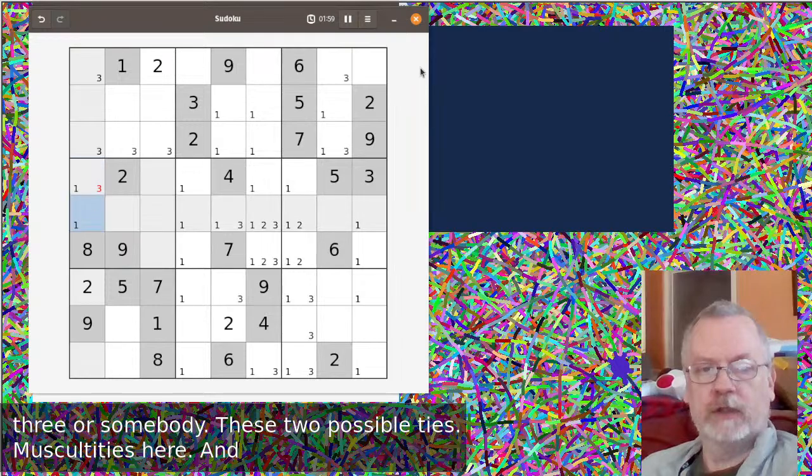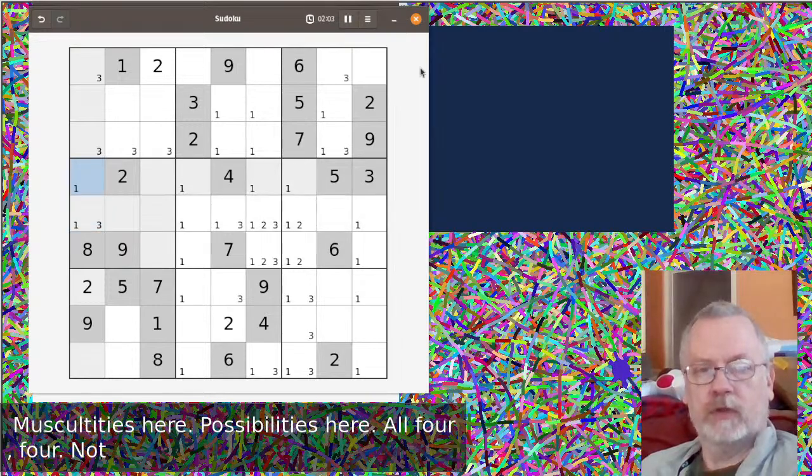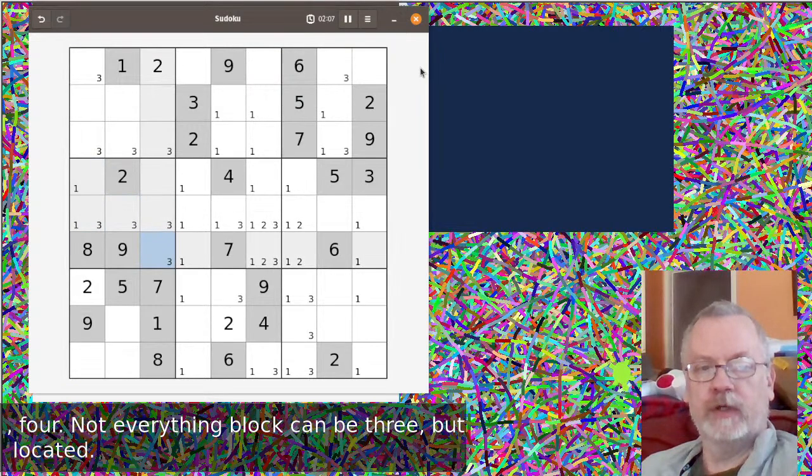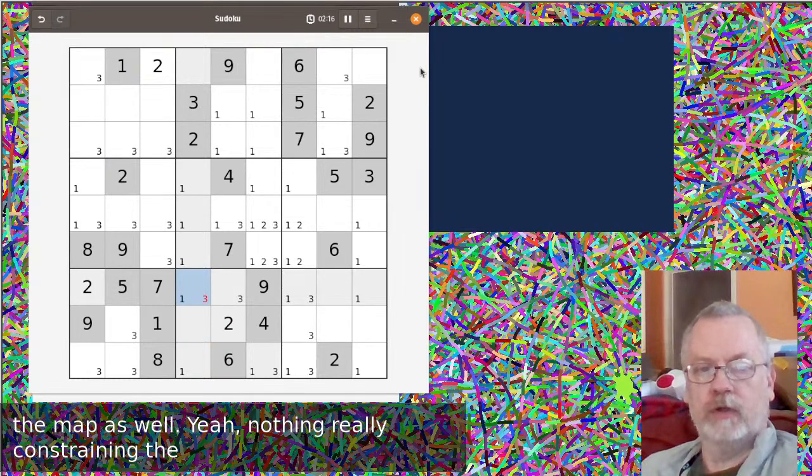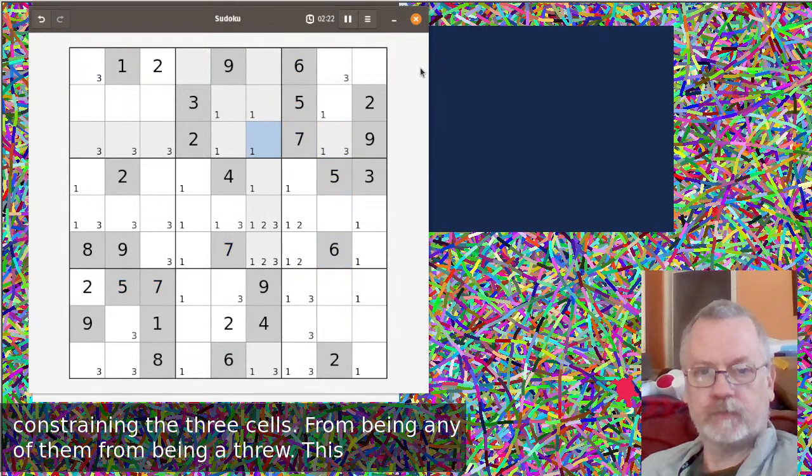Not everything in that block can be 3, but one of them was definitely not an available 3. So we've got 4 in that one as well, and nothing really constraining the 3 cells down here from being any of them. And that's it for 3s.